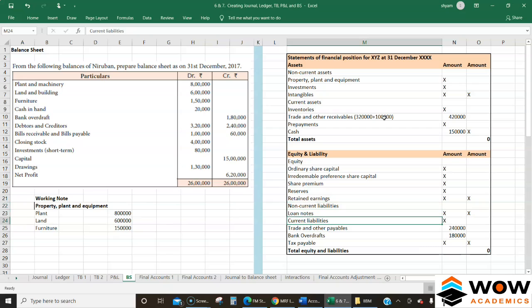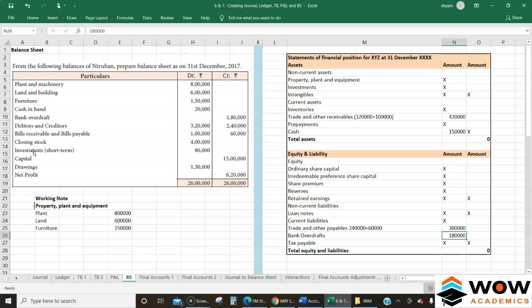In the same way, we'll also add to the payables. So it would be 2,40,000 plus 60,000, and that is going to be 3 lakh.